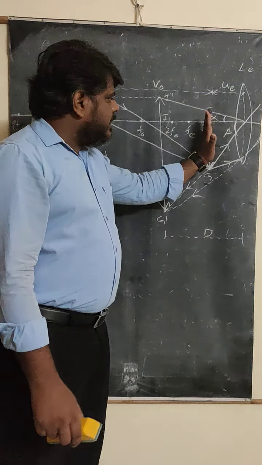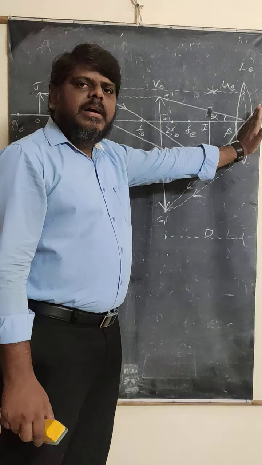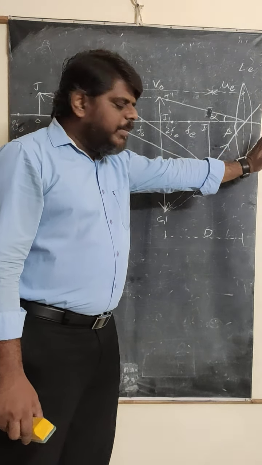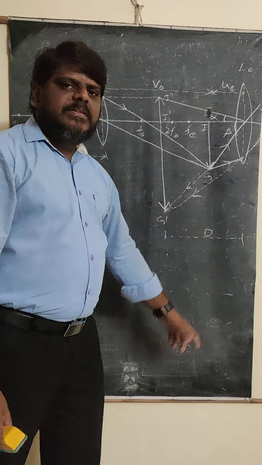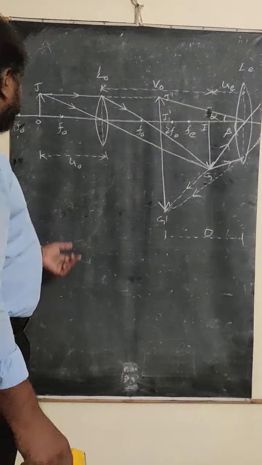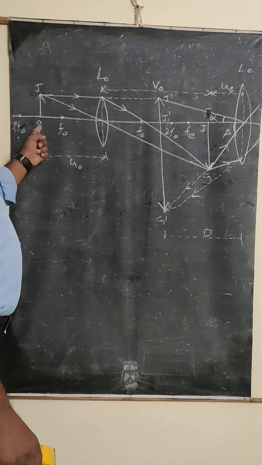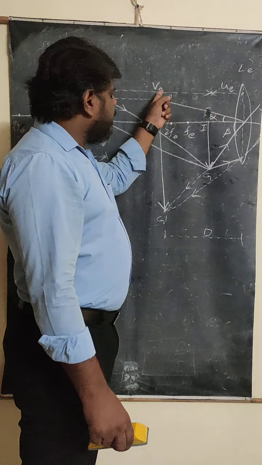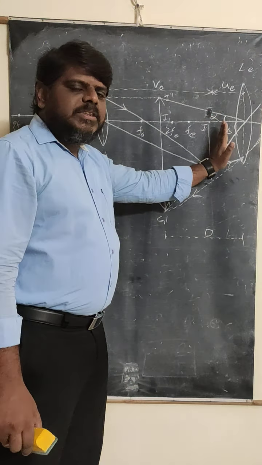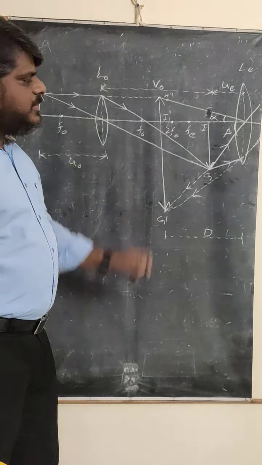Now this image becomes the object for the eye lens, and the final image is produced at the least distance of distinct vision, which is called D. Refer to the terms here. U0 represents the object distance from the objective lens. V0 represents the image distance produced by the objective lens.